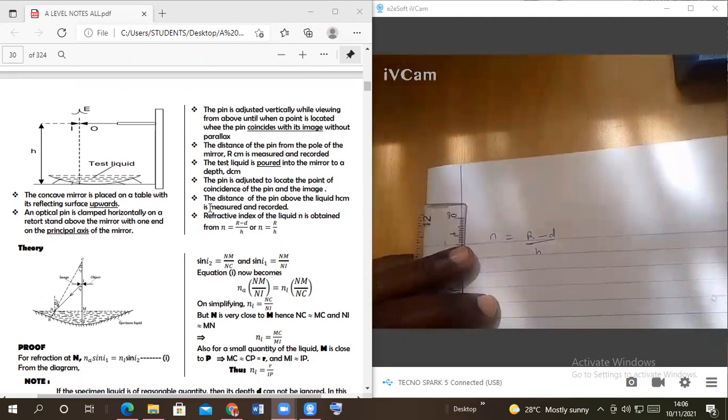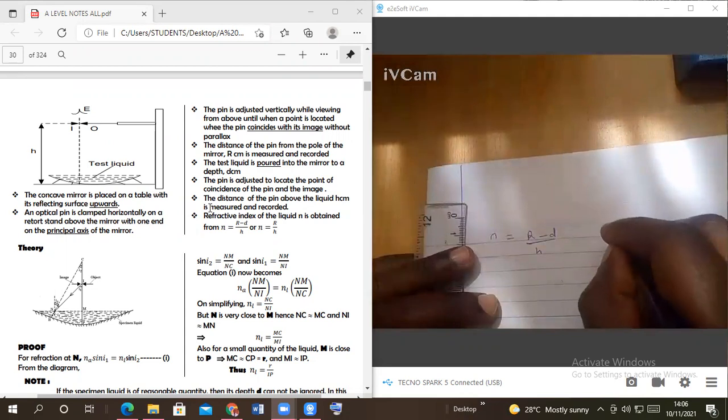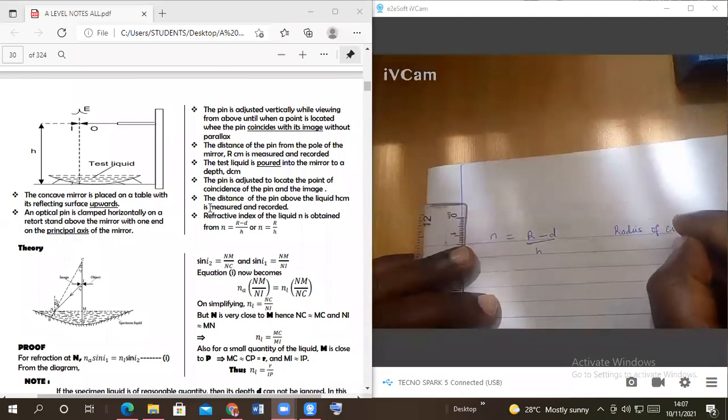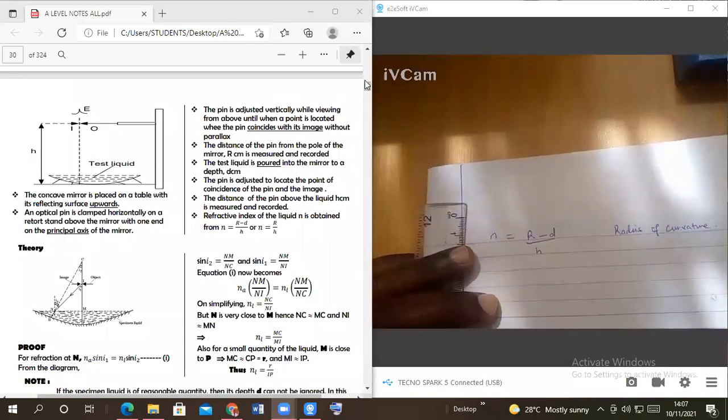Now, what is R, what is d, and what is h? R is the distance from the pin to the pole of that mirror, or R is the radius of curvature. Because this pin here, pin O, is placed at a position where its image is.